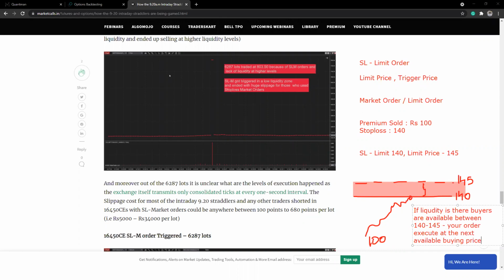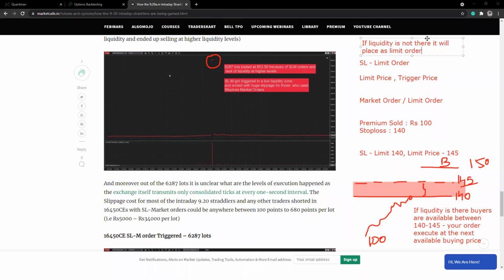But what if the next buyer is available at 150? Then what will happen? It will send a limit order at 145. So it will not execute. Maybe this kind of freak trade you can avoid. If liquidity is not there, it will be placed as a limit order, and the limit order will sit in the order book.